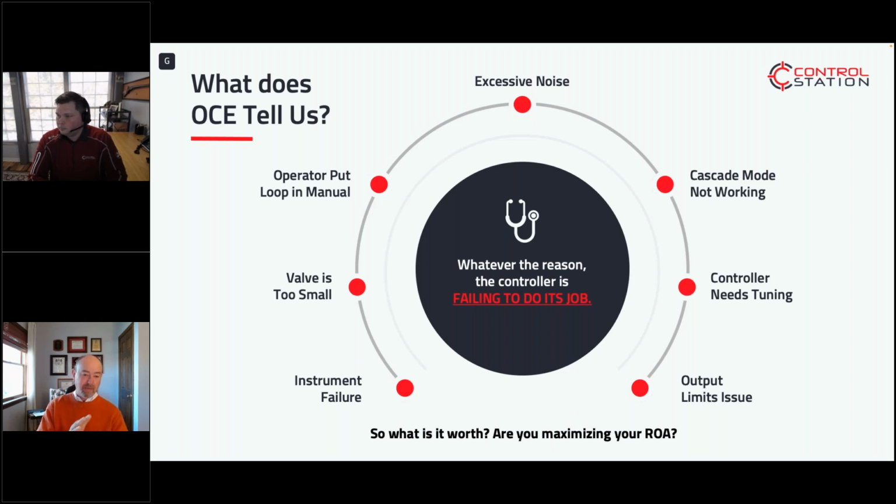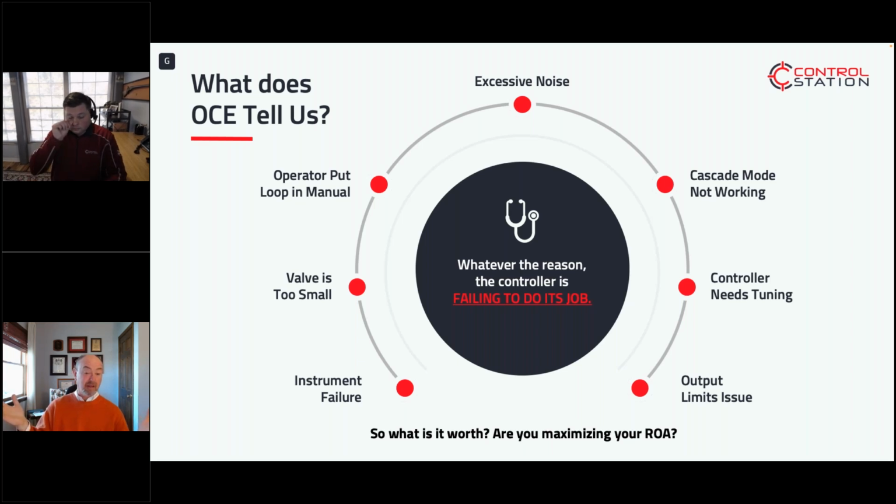And it's important because this is worth a lot of money. If you think about how much the controllers cost in your plant, the instrument, the valve, the wiring, the DCS or PLC, the programming, the diagrams, the documentation, you've probably invested anywhere from $10,000 to $50,000, even $100,000 in each control loop, mostly depending on the size of the valve.